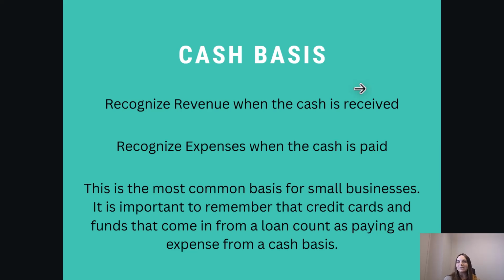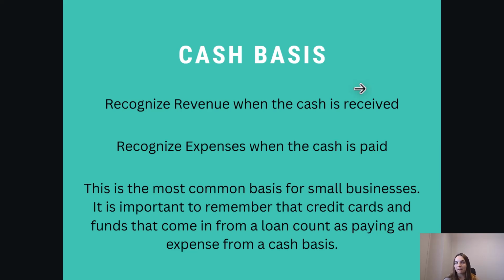So a lot of small businesses will record invoices in their accounting system, track who has paid them and who owes them money, but for tax purposes, they'll only recognize the revenue for the cash that they've actually received. And then same thing with expenses. A lot of small businesses will enter bills that they need to pay, haven't paid yet, but then they won't recognize those expenses for tax purposes until the cash is actually paid, until those bills are paid.